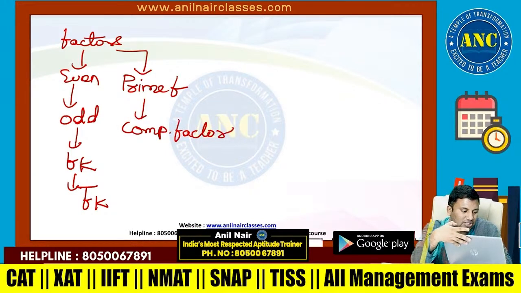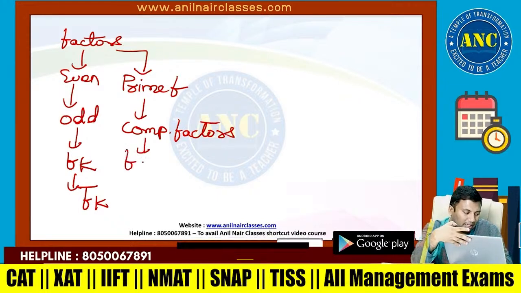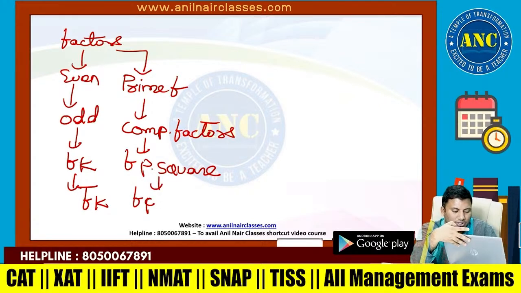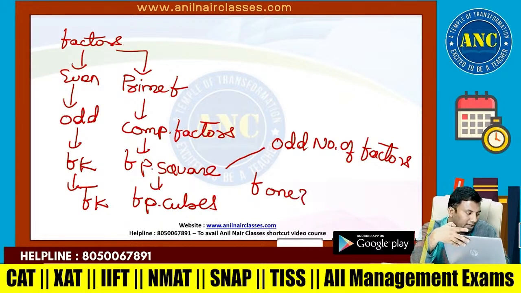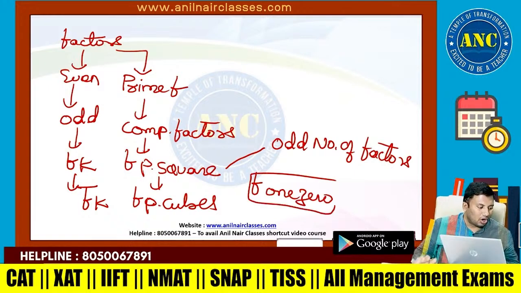Then we discussed how to find the factors which are perfect squares, and factors which are perfect cubes. A perfect square always has an odd number of factors. This we discussed. How to find the factors ending with 1, 0. These are all the concepts that we discussed till now.